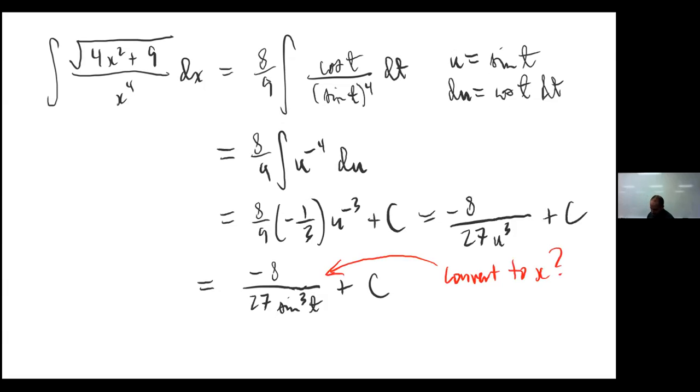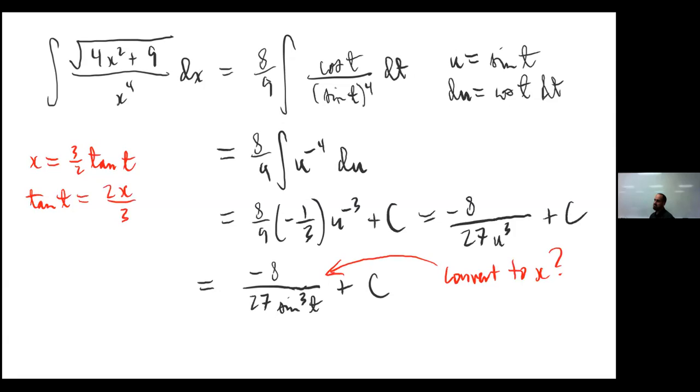Remember, what was x equal to? x was equal to 3/2 tangent t. So in other words, tangent t, what was tangent t equal to? x over 3/2, yes. I could write that as 2x over 3 also, right?